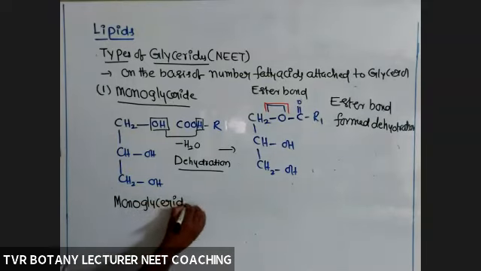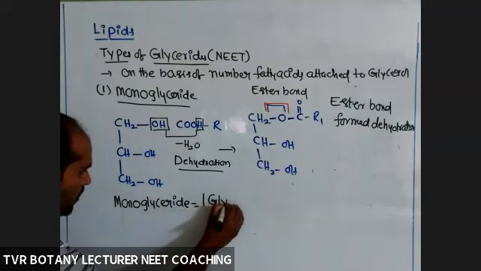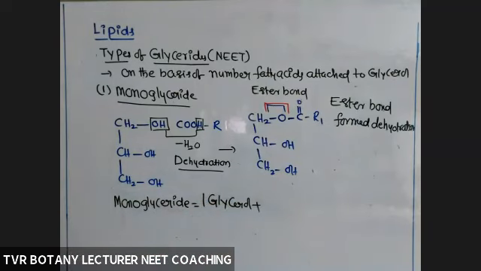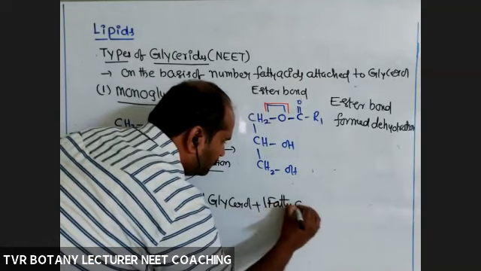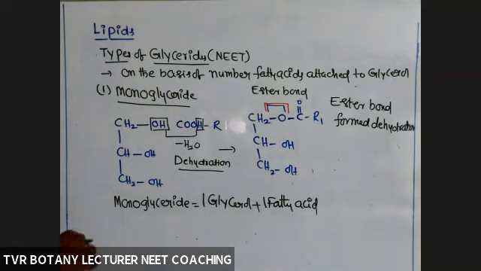Monoglyceride is equal to one glycerol molecule plus an ester bond with one fatty acid. That is a monoglyceride. Okay. Monoglyceride, one glycerol and one fatty acid. And the bond present between glycerol and fatty acid is the ester bond.